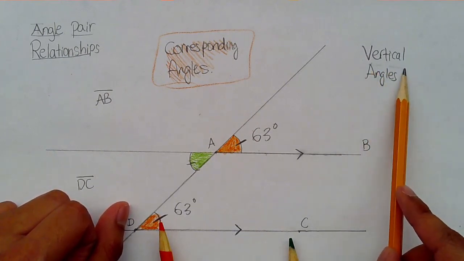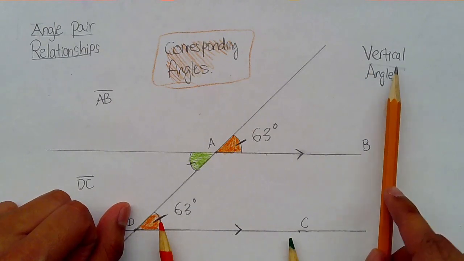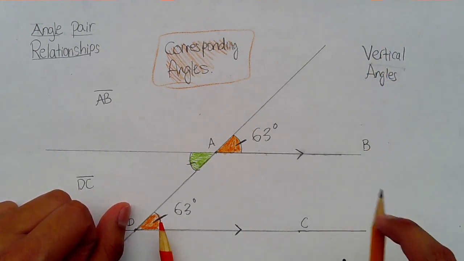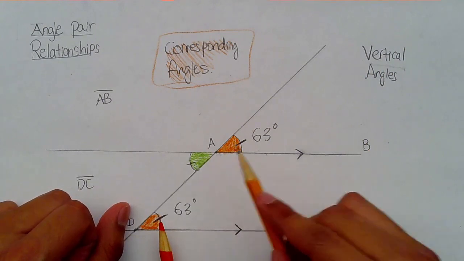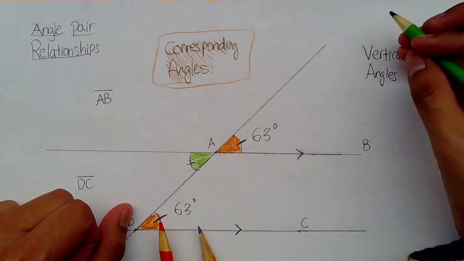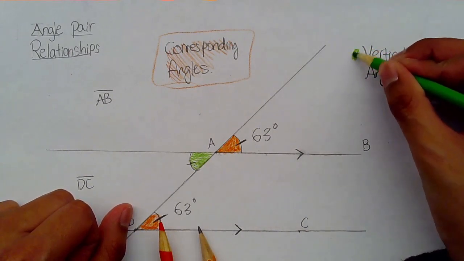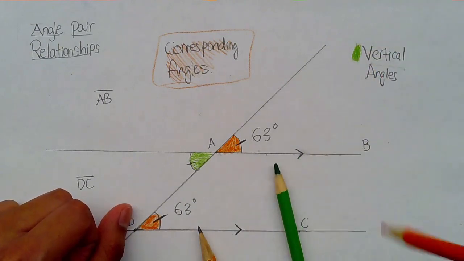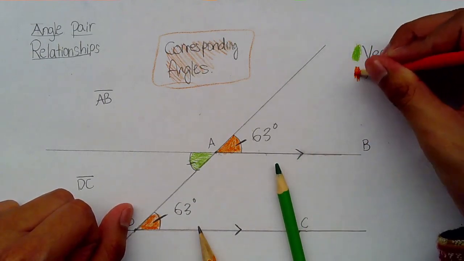That's where this vertical comes from. Not vertical as in going straight up and down, vertical as in the vertex, a point where two lines intersect. So vertical angles is when you have two angles directly across from each other, directly across from an intersection point.